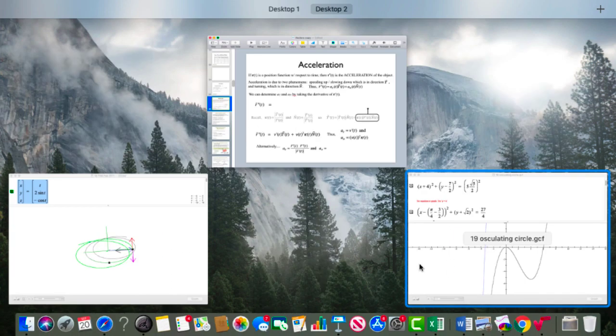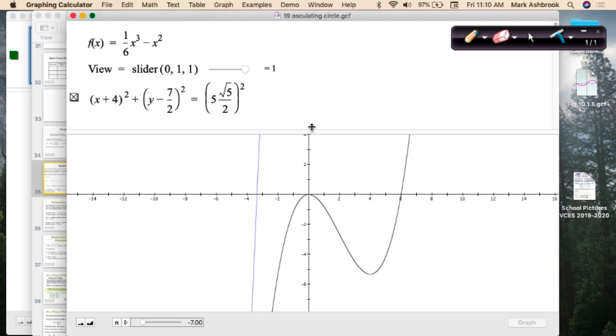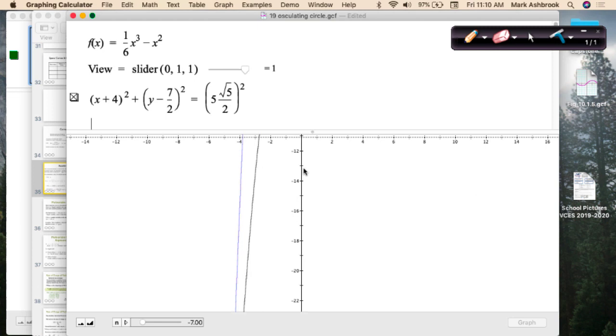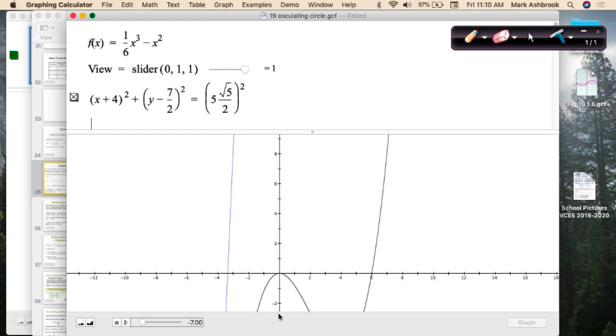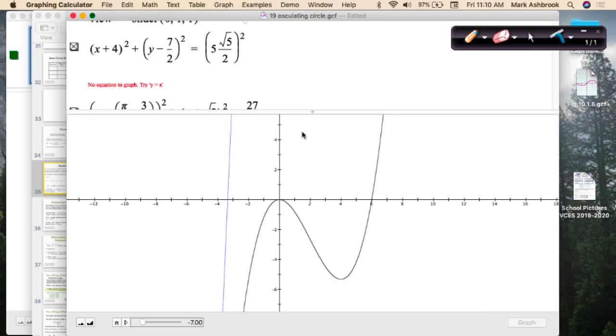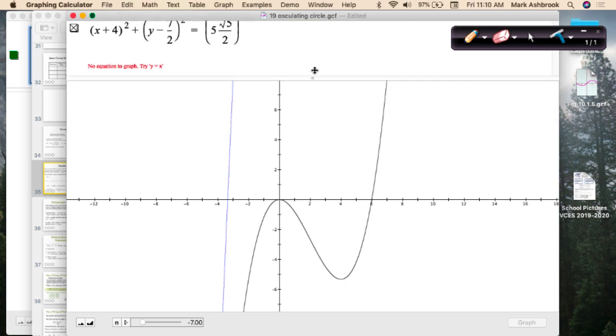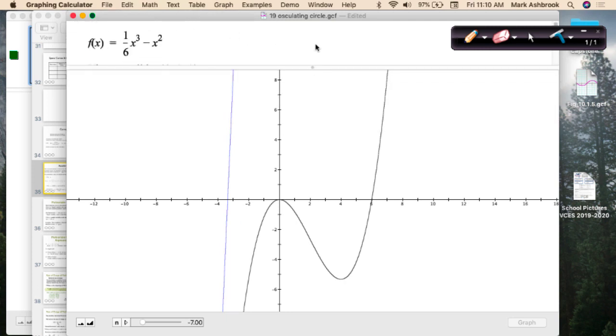So we're looking at this graph right here. This is the graph of 1/6 x cubed minus x squared.